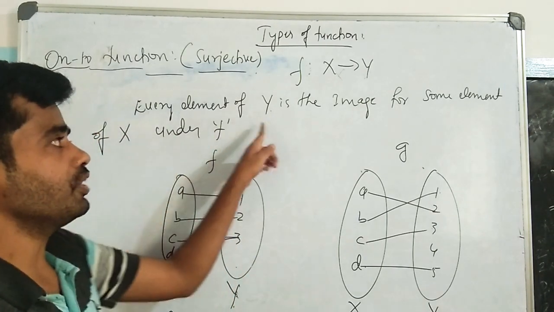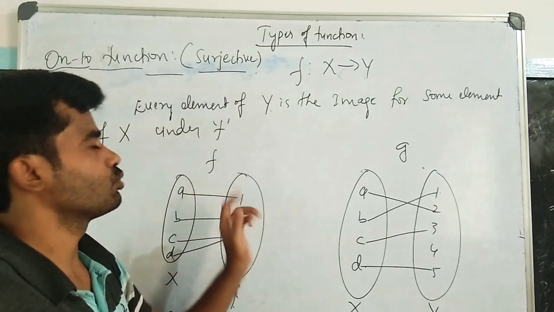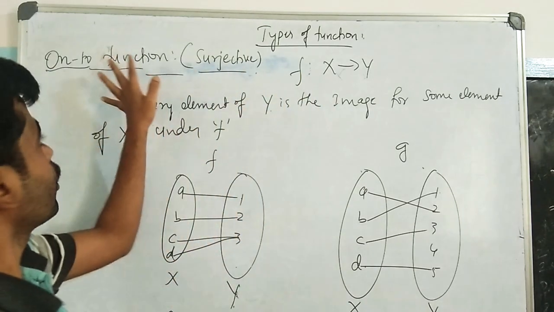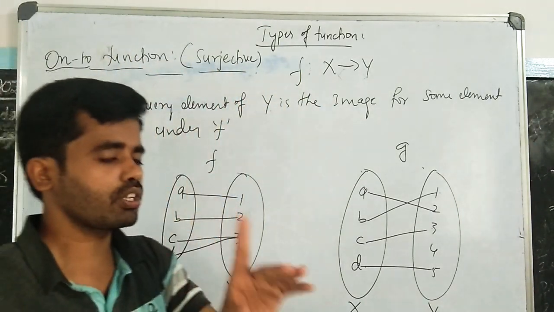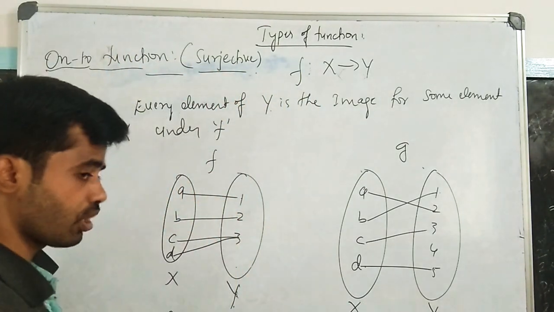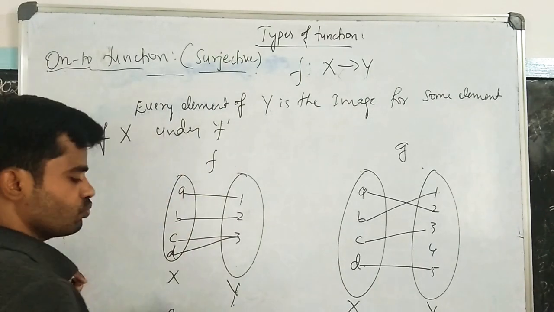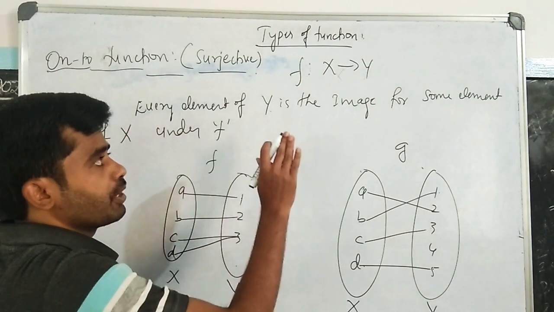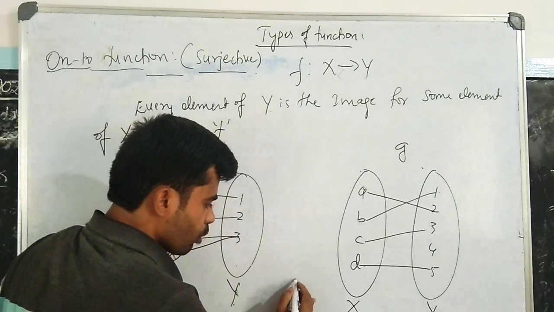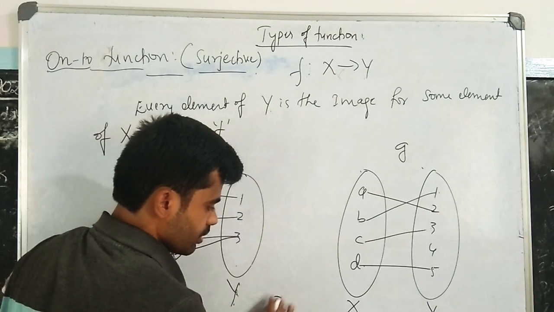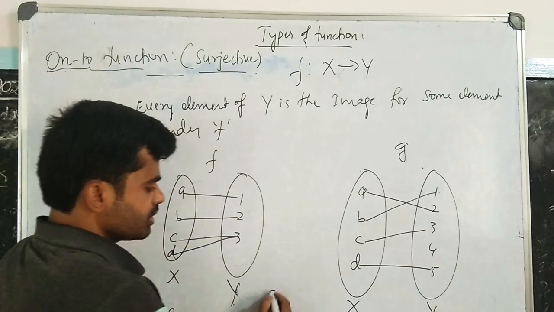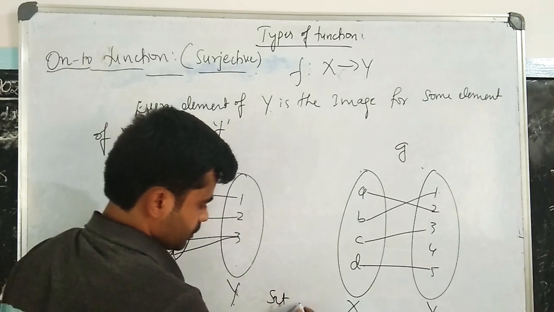Now, according to the definition of onto or surjective, one more conclusion we can give. What is that? There is no free element, meaning all the elements of the codomain are images. Then what is the set of images?